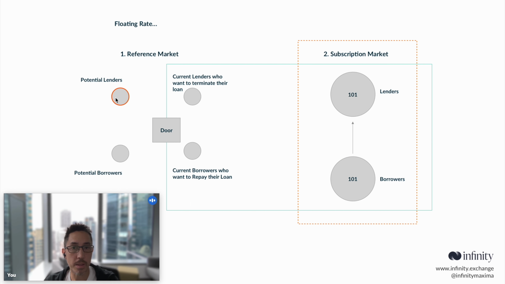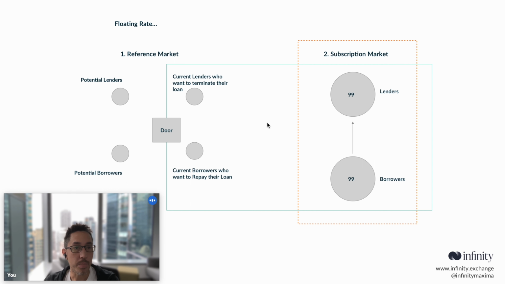If a lender and a borrower walk in together, then that ratio increases at the same time. Now I've just undone these. If there is a current lender that wants to terminate their loan and a current borrower who wants to repay their loan, two people can leave the club together. They can walk out the door together like that. And then this number here can go down to 99, and this number here can go down to 99.